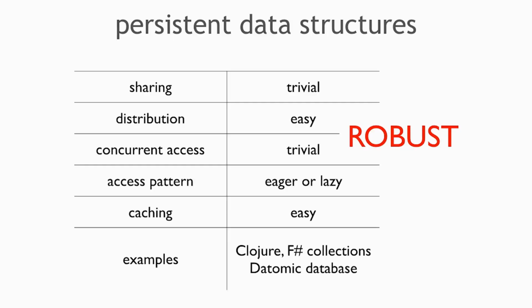Contrast this with building with what are called persistent data structures. So data structures that preserve their past values. And this is the way Clojure works. This is the way F# works in the Microsoft ecosystem. This is the way Haskell works. There are languages out here that are doing this. And people that are using these languages are having a much easier time building robust systems because they don't have to worry about coordination.